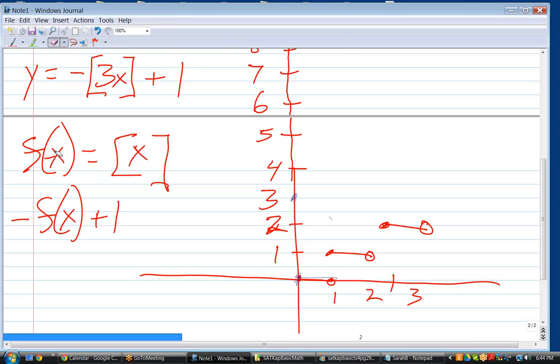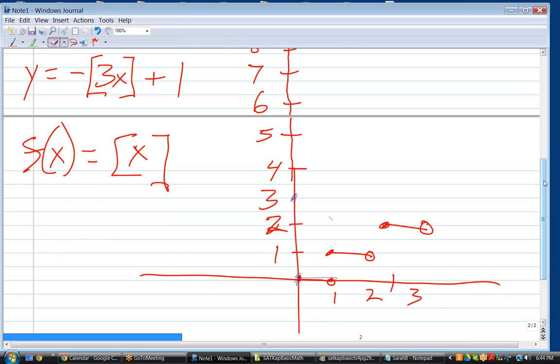So f of negative x is reflection over the y-axis, and think of it as even and odd functions, kind of. When you have the negative sign inside, it's an even function. It's a reflection over the y-axis. When it's outside, it's a reflection over the x. So, let's see here.